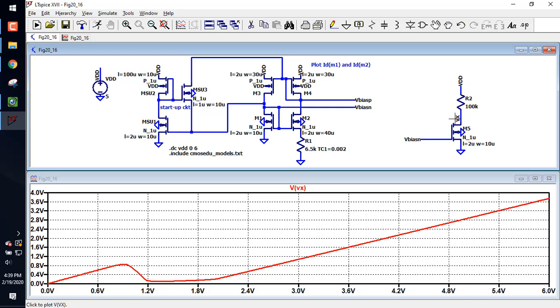And then you see here above a certain value that the current will start going up. And at 5 volts, my voltage is, we said 3. So let's go to 5 volts, which is roughly right. I'm at a VDD of 5 volts at the bottom, and if you look at Vx, it's roughly 3 volts.